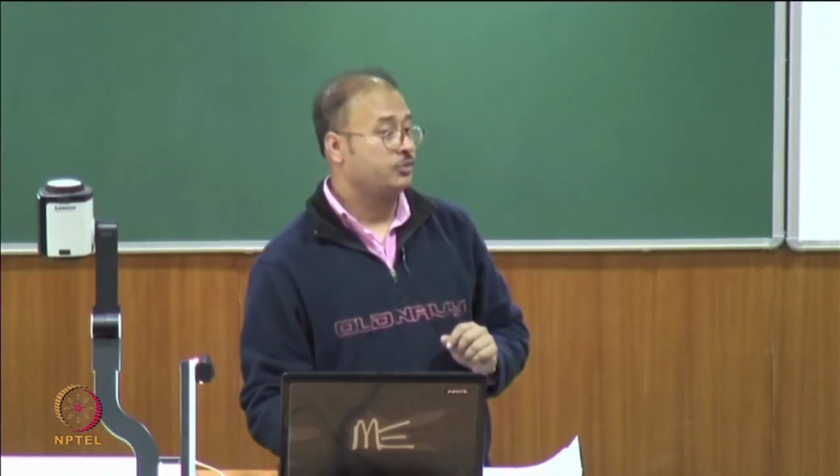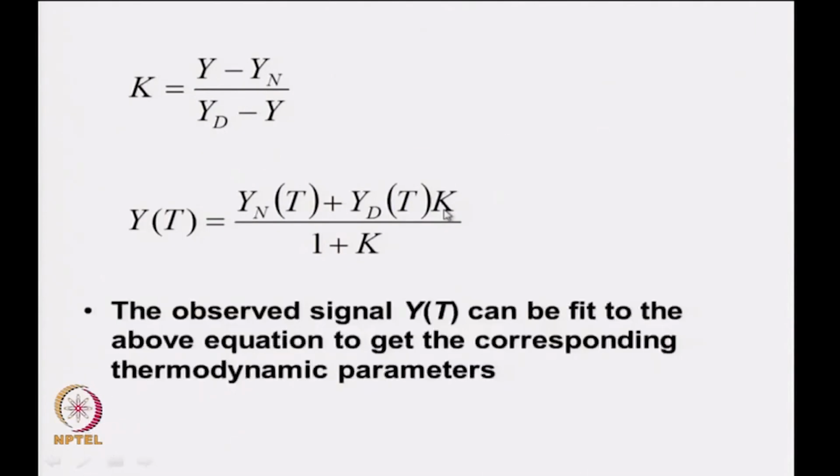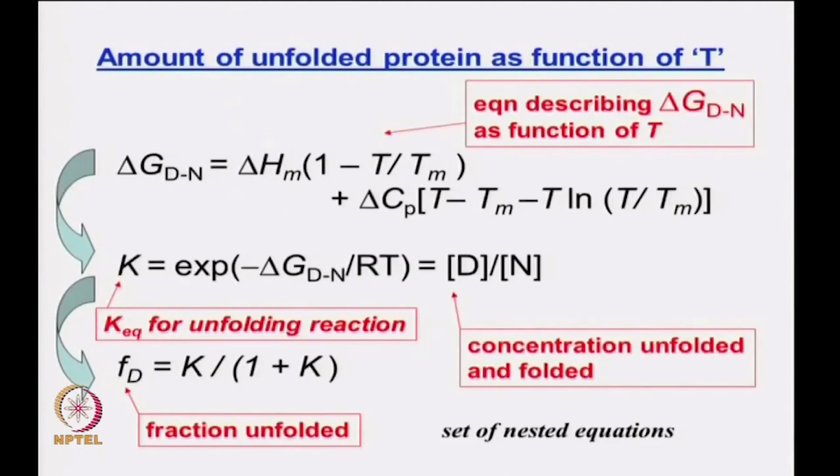Now, then you have k. What does k depend upon? K depends upon the free energy change, right? Now, the free energy change, look at this now, how many parameters is it? You have delta H, right? You have delta Cp.